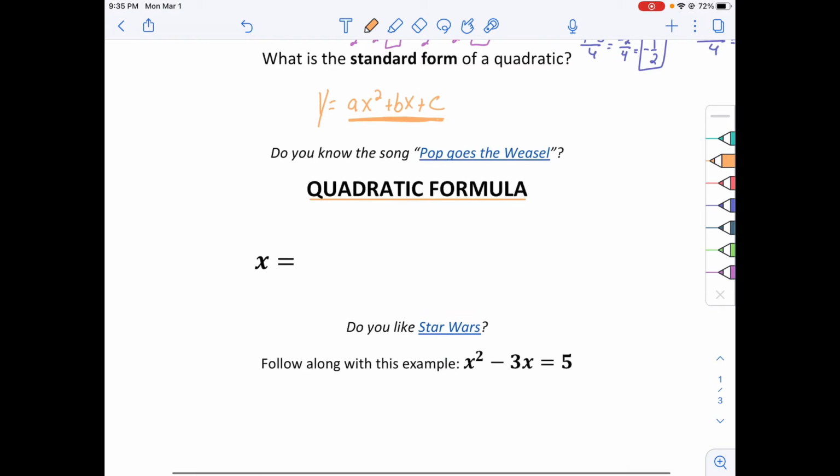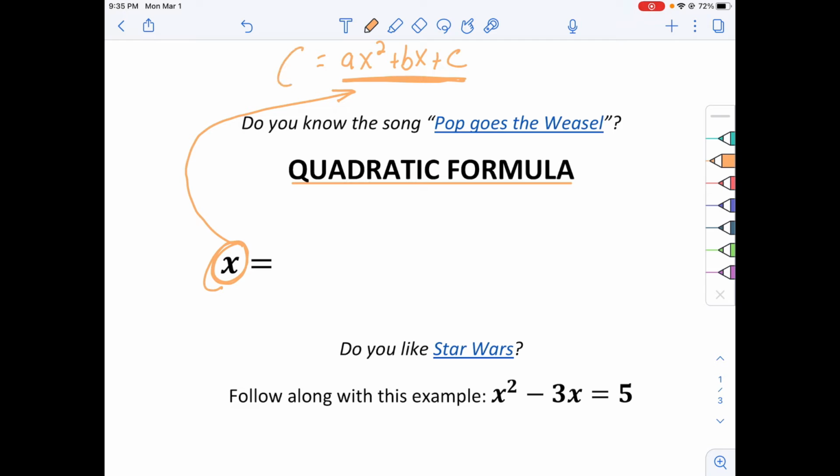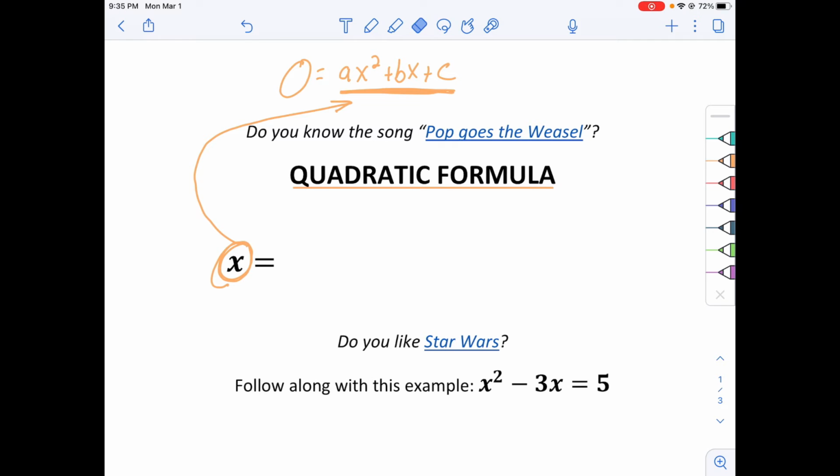And so when we use the quadratic formula, what we're finding is the x values for a quadratic that is set equal to 0. All right? And we're going to go into more discussion about this pretty soon here.